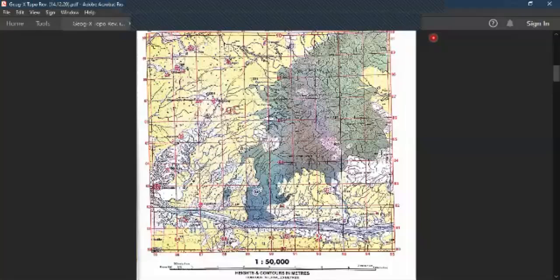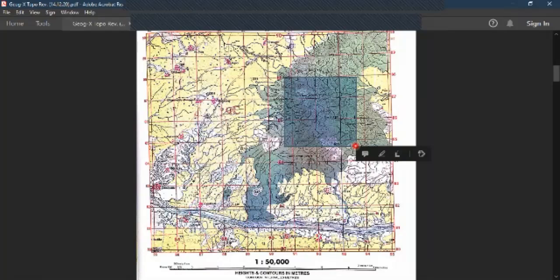The next question is, what inference can be drawn about the general occupation of the people of the region shown in the map extract? So to find out the occupation of the people, one has to see the different colors in the map. As you can notice, the green color shows forest area.